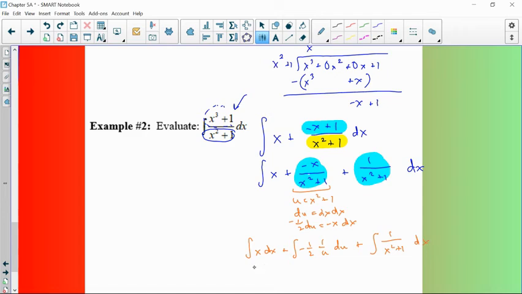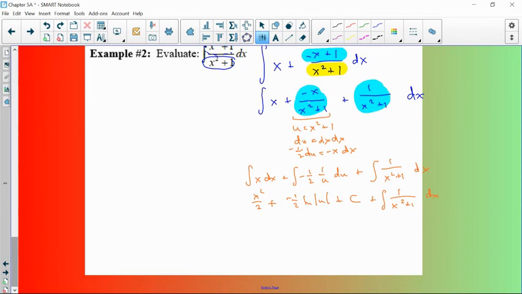Well, this is just x squared over 2. This becomes negative 1/2 natural log of the absolute value of u. And then we have a plus c somewhere, and it doesn't really matter where we put that, plus still this antiderivative here. And I'll be honest with you, I didn't realize this was in this example, but it's good. It's leading us to what's up and coming still.